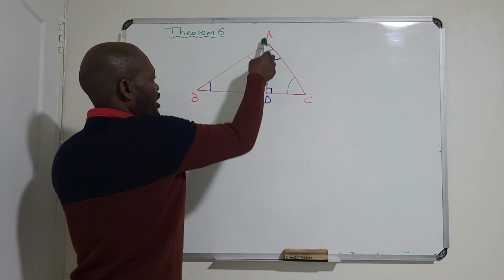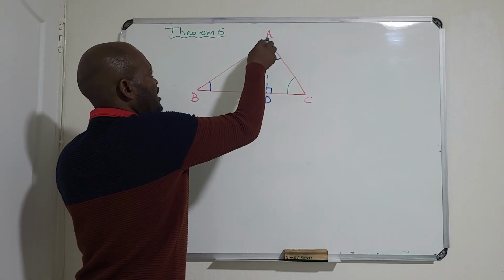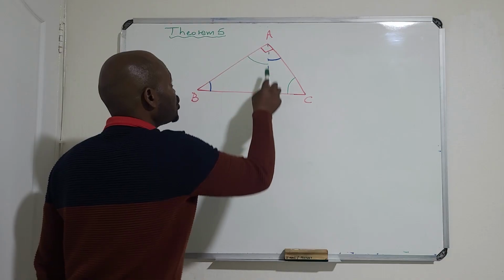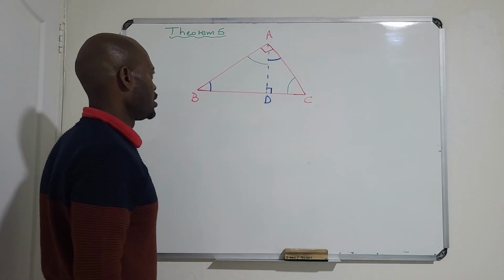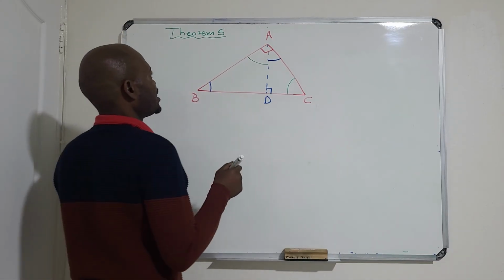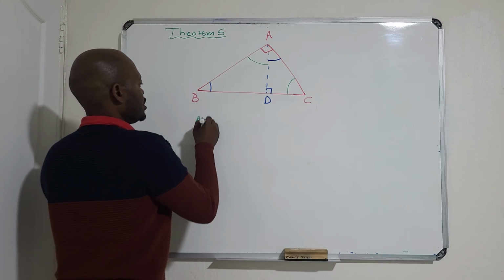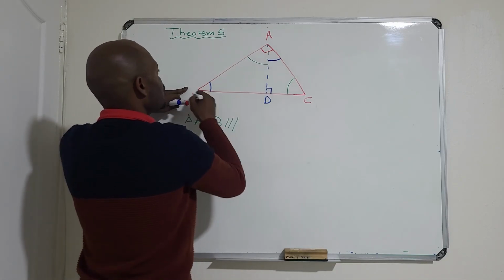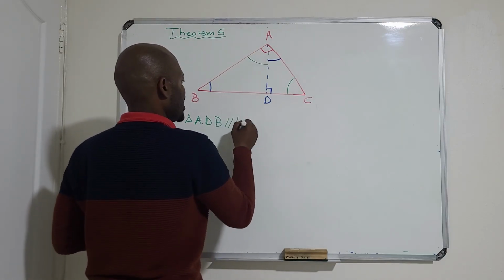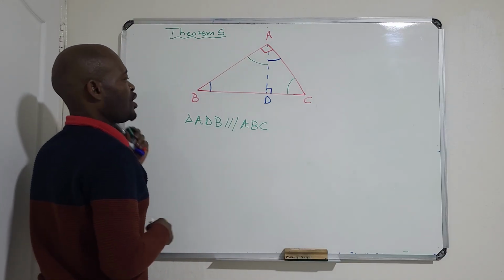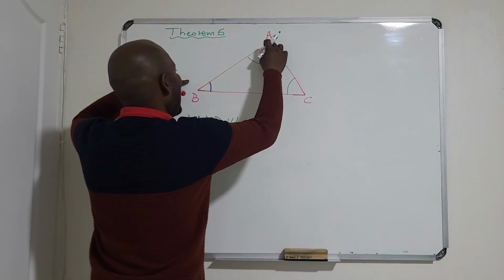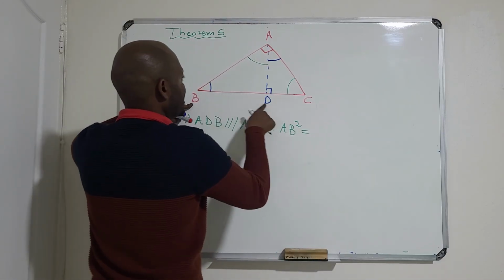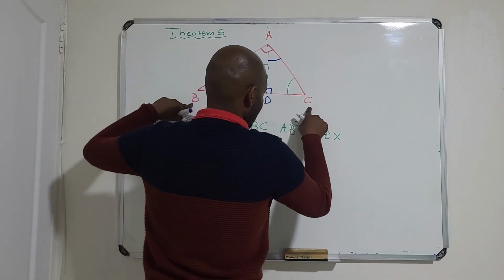So it means that when a perpendicular line is drawn from the 90-degree vertex angle in a right-angled triangle, then we can conclude that when triangle ABD is similar to the whole triangle ABC, we have that AB squared is equal to BD times the whole of this BC.